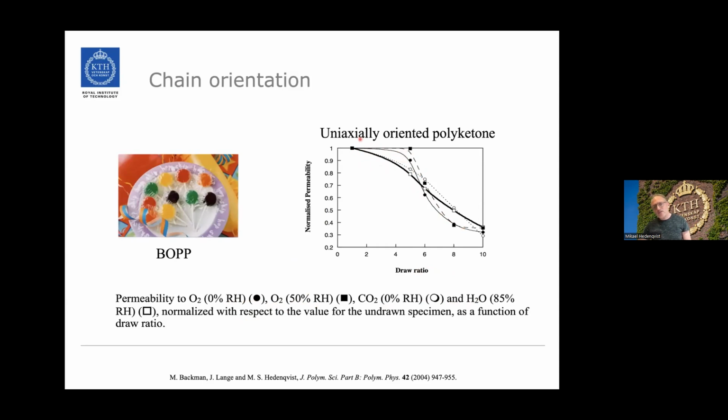And this is also related to a quite strong change in the structure. Going from a spherulitic one to a more fibrous one, here at the draw ratio of around 5. And these biaxially oriented systems are used a lot in packaging, not polyketone, but polypropylene. Examples are these packagings here, because you are actually reducing the permeability of oxygen by this.